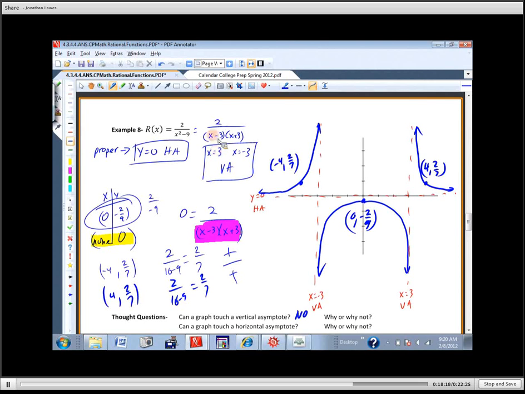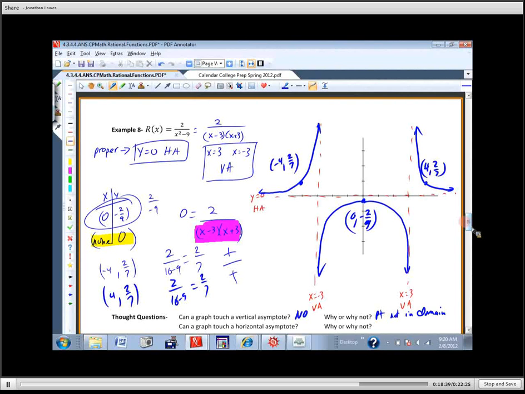The denominator can't be 0. Or here's what we're really after. That point is not in the domain, like 3 is not in the domain. That's why it's a vertical asymptote. It's not even in the domain of the simplified function.